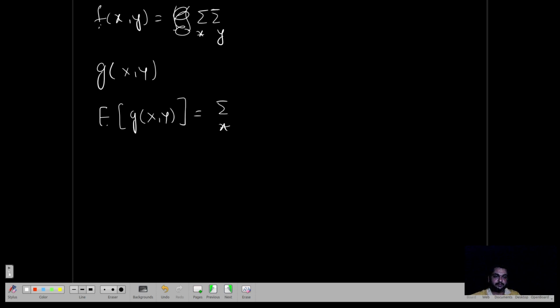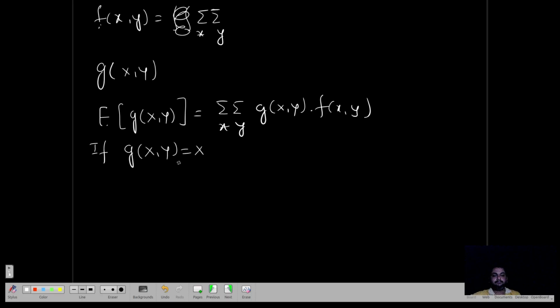Summation of x, summation of y, g of x comma y into f of x comma y. Now observe here. If I put g of x comma y equal to x, because I am trying to find the marginal distribution of x, so I will not consider y. If I put this in, what will happen? That implies summation of x, summation of y, x into f of x comma y.